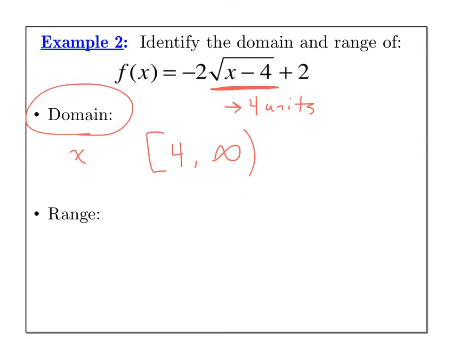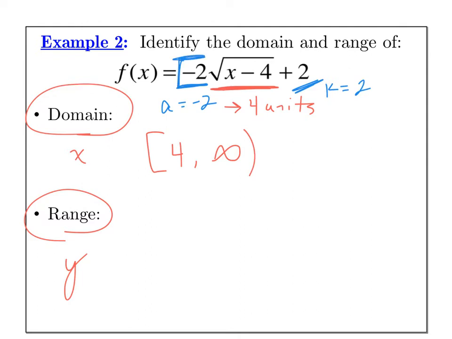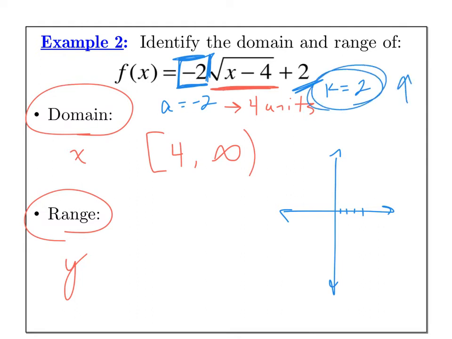Okay. Now the range, this is where it gets interesting because the range values are concerned with the outputs. Well, the outputs are affected by the a value, which is -2, and the k value, which is +2. And because the a value is negative, we know something, or we should, hopefully: if I've been shifted 4 units to the right, and the k value tells me to go up 2 units, my new starting point, if you will, is here at 4, 2.